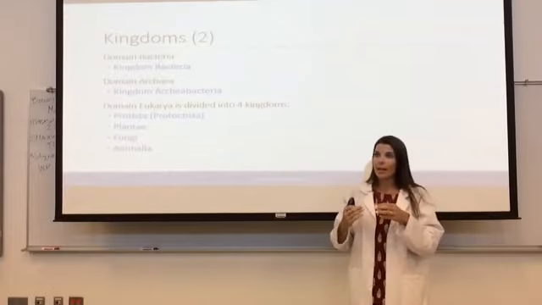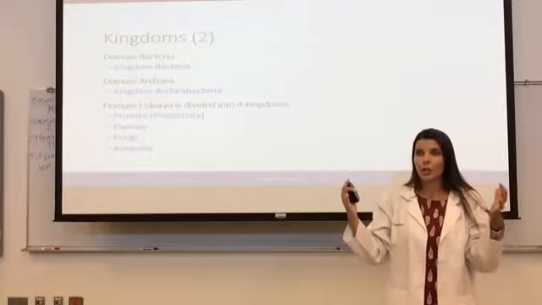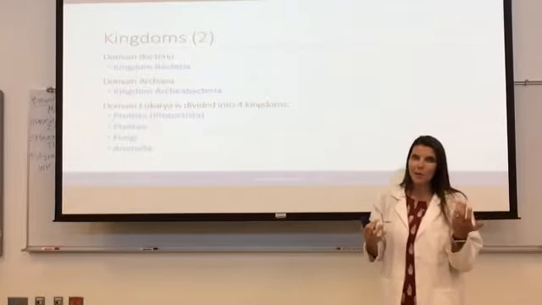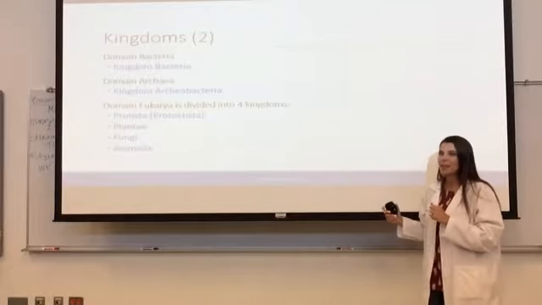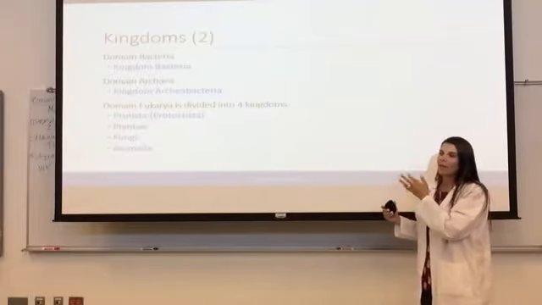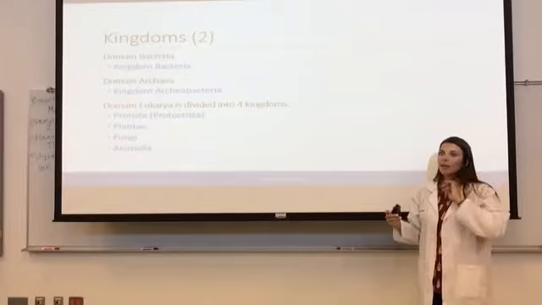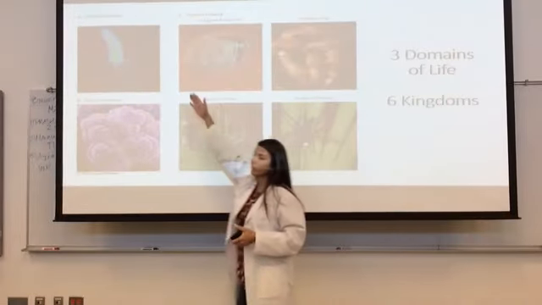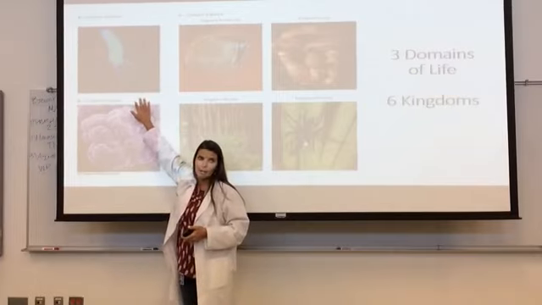The next slide is a picture of this same information, but some people learn it better with pictures. Okay? So it's going to have the 3 domains and then the associated kingdoms that go with them. So we have the domain bacteria, kingdom bacteria.